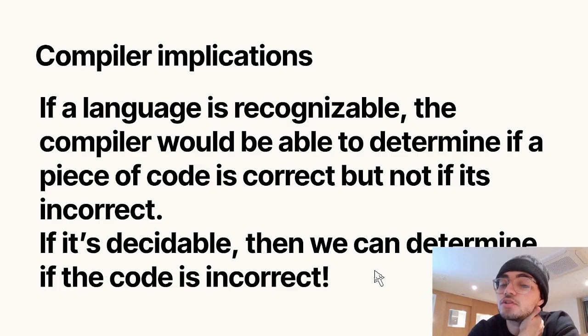So this requires the language not only be recognizable by the compiler, but also to determine if it's incorrect. Because if it's able to recognize correctness and able to recognize incorrectness, it means it can decide the language. So every coding language must be designed with this in mind. The language must be decidable.